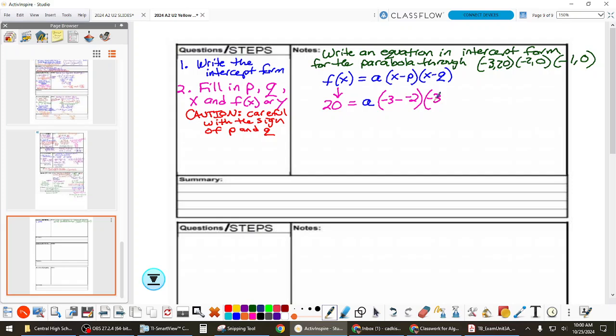X is negative 3 minus, what is q? Negative 1. If you feel like you're potentially going to mess the sign up, I would write it out like this first. So make sure you put a minus in between and then just put the sign of P and Q. And then worry about converting it back. These will become pluses, but start with the minus. That would be my suggestion.